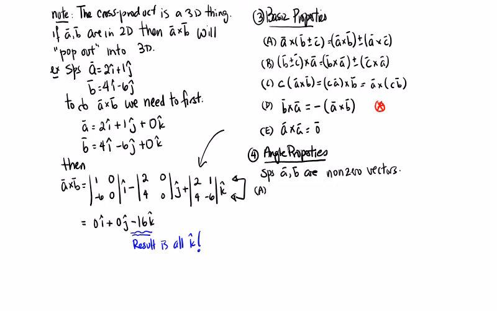The first fact is that the cross product is the 0 vector if and only if A and B are parallel.